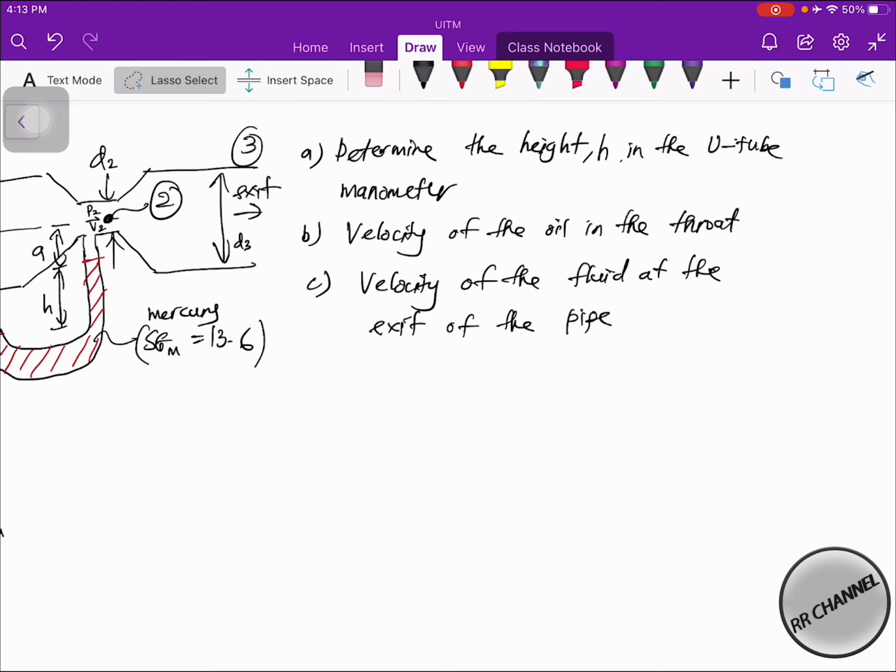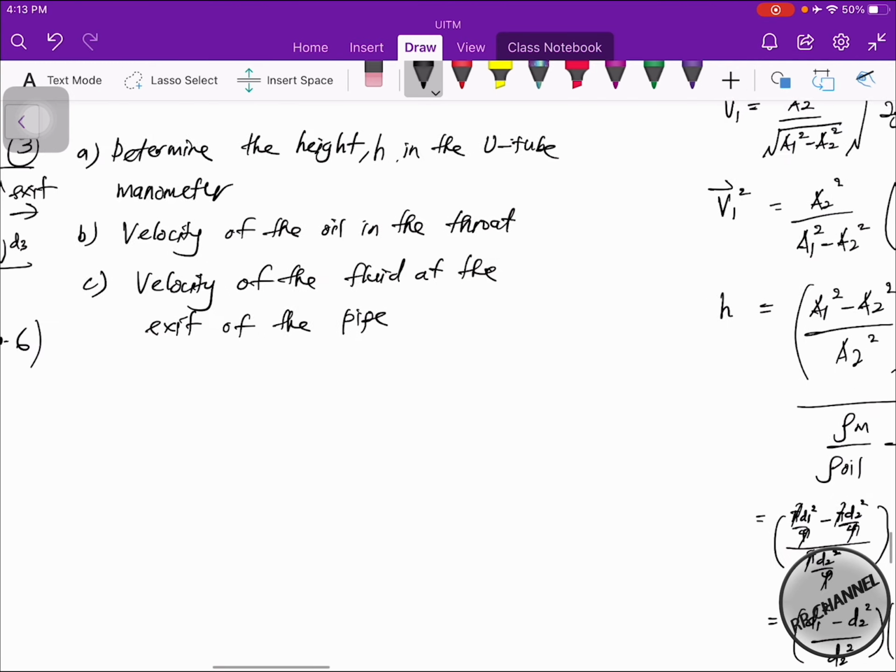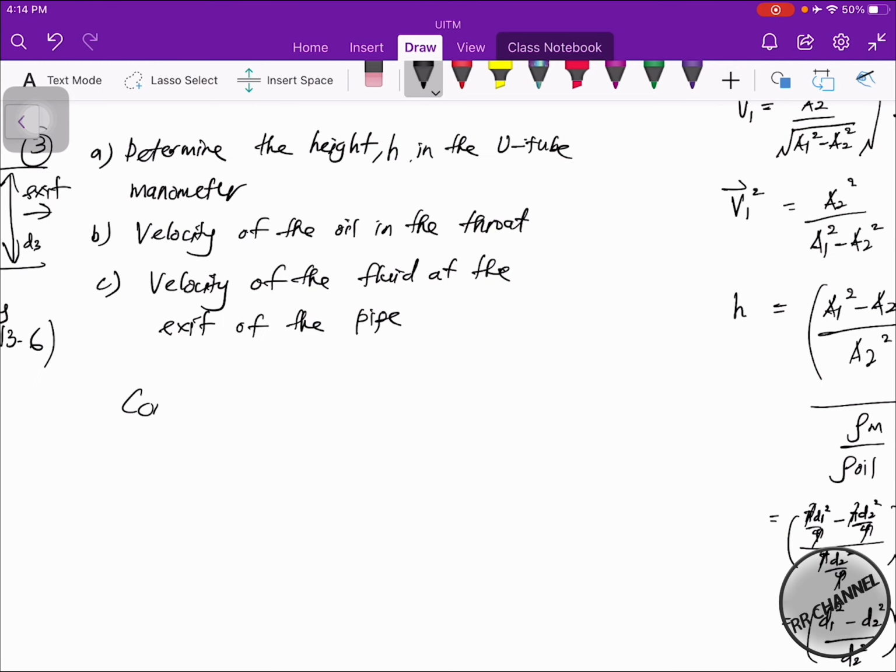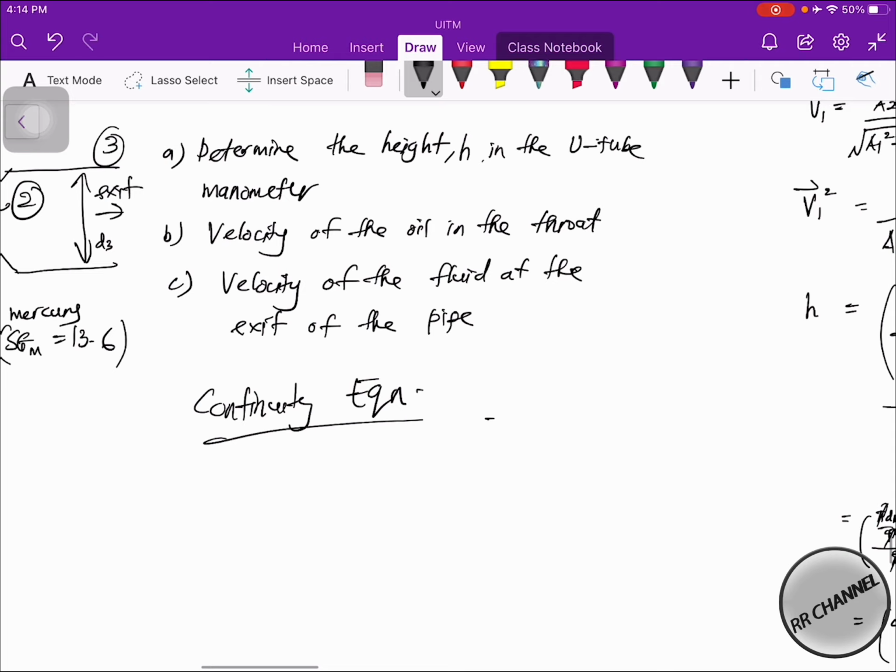From the continuity equation, from the first point to the second point, A1 V1 equal to A2 V2.